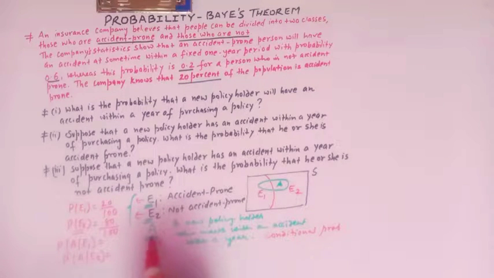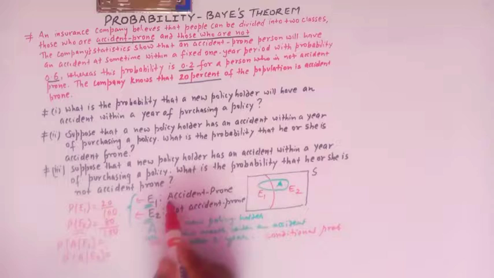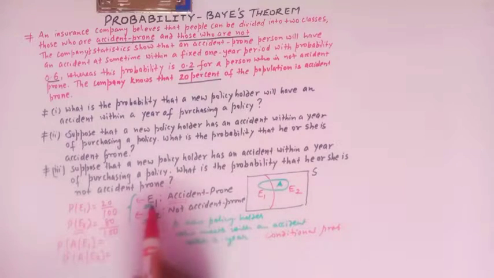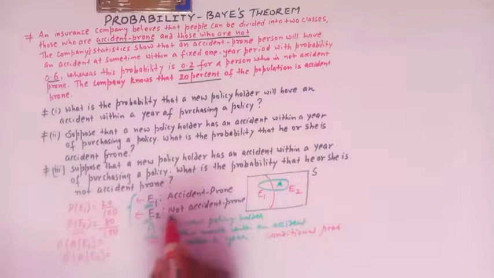Now the notation P(A|E1) signifies the probability of the person meeting with an accident within a year when the person comes from the accident prone category. Similarly, P(A|E2) represents the probability that this person A meets with an accident when the person comes from this other class of people.